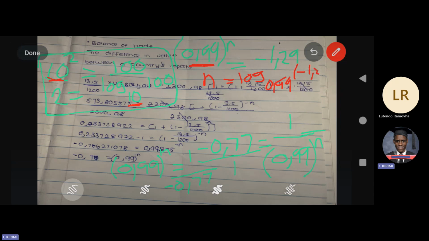Punch it in your calculator, you tell me what you are getting. So n is equal to log base 0.99. Your calculator has that function where you put the base, and then the number. Do it, let's see.